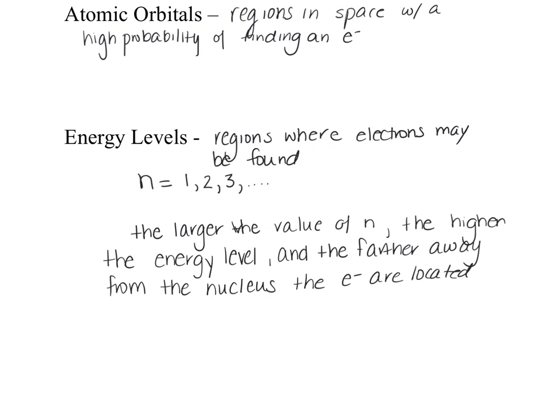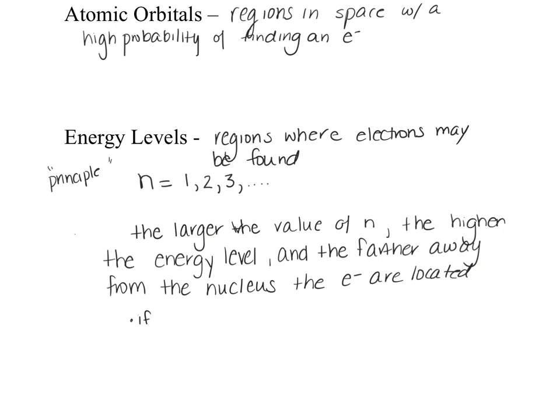Now, when we talk about this, we also need to talk about sublevels. So when we talk about energy levels, you're also going to hear this referred to as the principal energy level. And so the number of sublevels in a principal energy level is equal to N. So what do I mean by that?